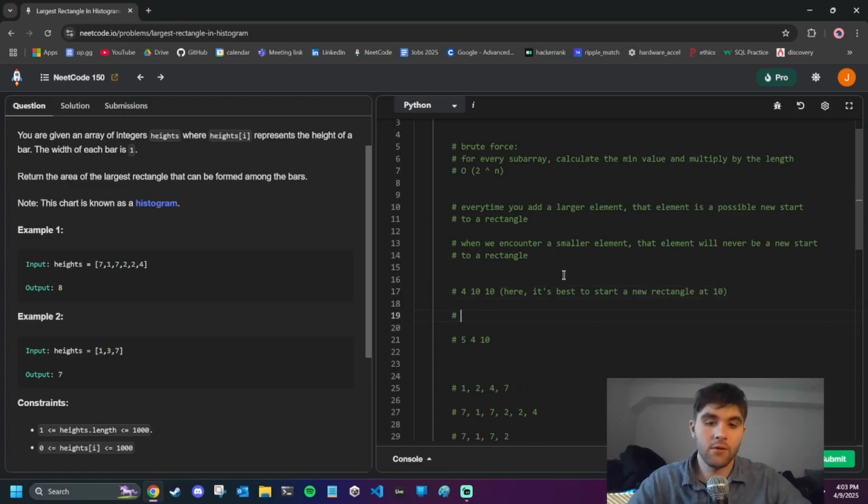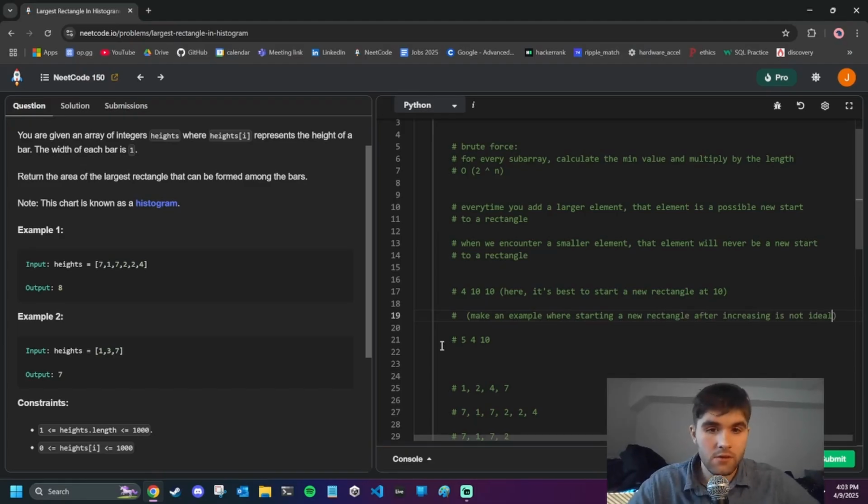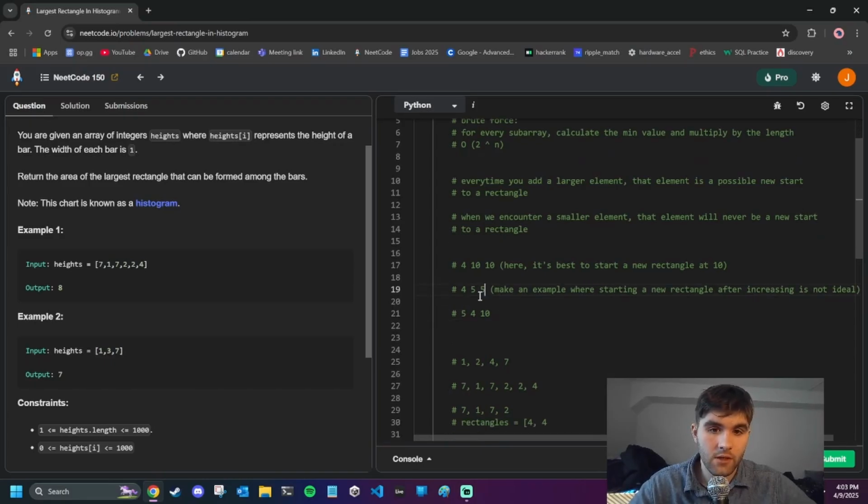But now let me make an example where starting a new rectangle after increasing is not ideal. So here if we have something like 4, 5, 5. In this case, 5 times 2 is 10, but 4 times 3 is 12.